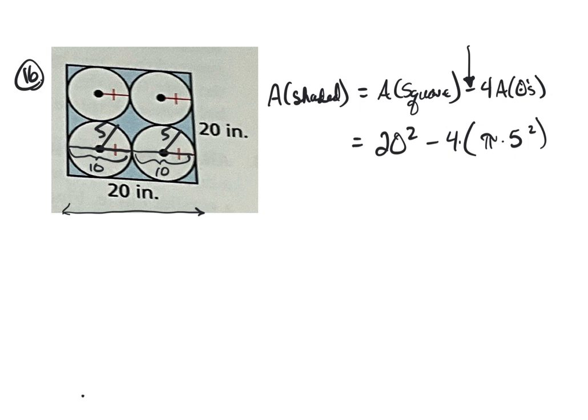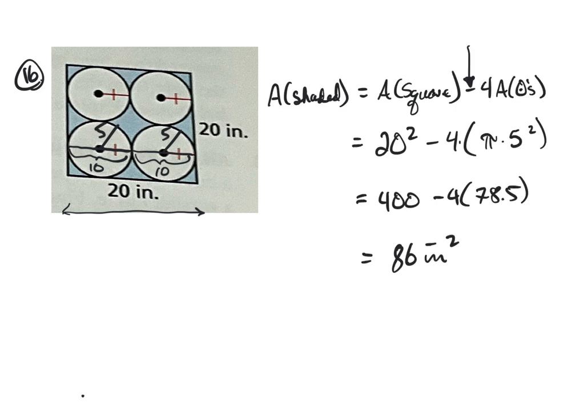And now we're left with a relatively simple problem. 20 times 20 is 400. Pi times 5 squared is 78.5. So we're left with 400 minus 4 times 78.5, and what we're left with is 86.